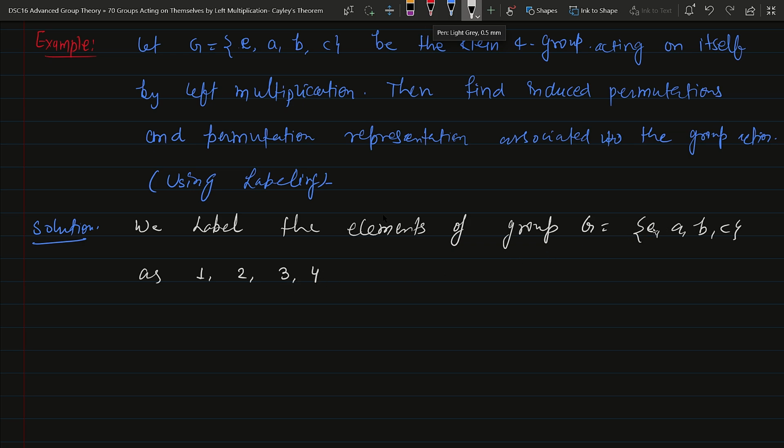So for e we will use 1, for a we will use 2, for b we will use 3, and for c we are going to use 4. So this is how we are labeling 1, 2, 3, 4 to e, a, b and c respectively.